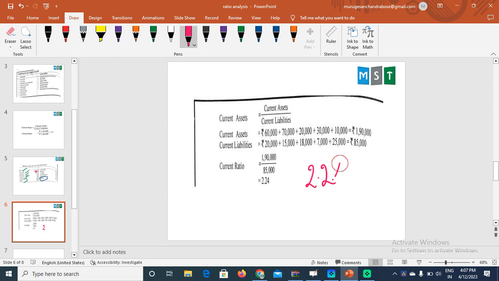It is more than 2. So we can conclude that the company's current ratio is well and good. It can serve the immediate liabilities in a better manner. This is how the banks, lenders or some financial institutions will take it into account.